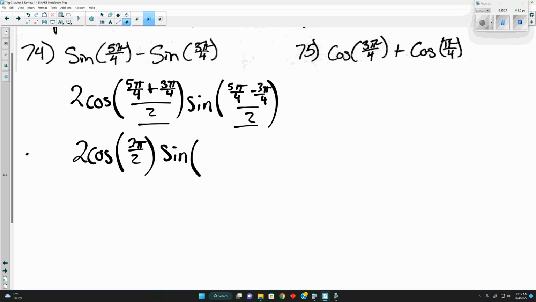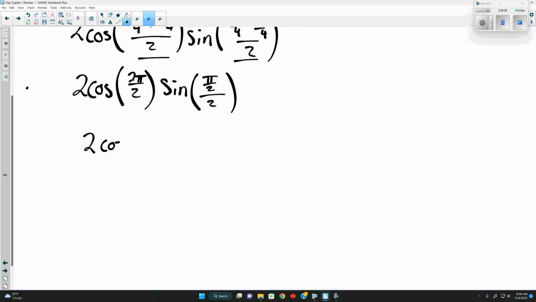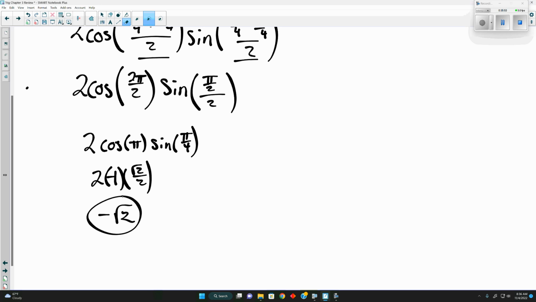Sine: 5 minus 3 is 2 pi over 4, which is pi over 2 over 2, which ends up giving us 2 cosine of pi times sine of pi over 4. Well, that's 2 times negative 1 times the square root of 2 over 2. It's actually negative square root of 2. And I think that's probably what the calculator gave you.